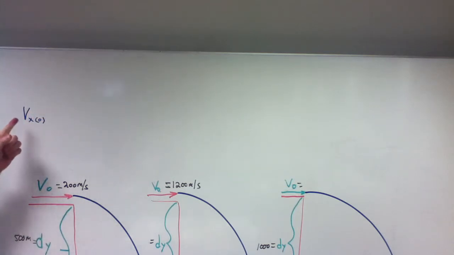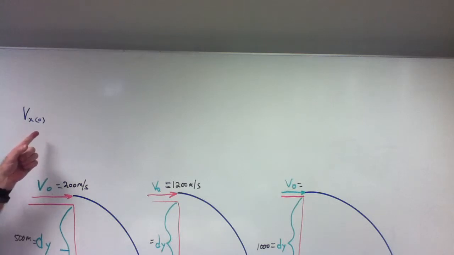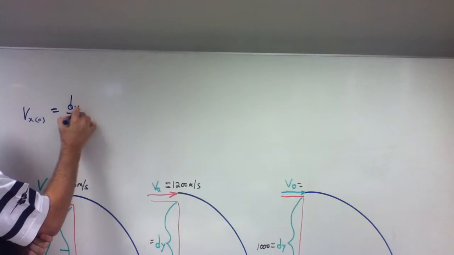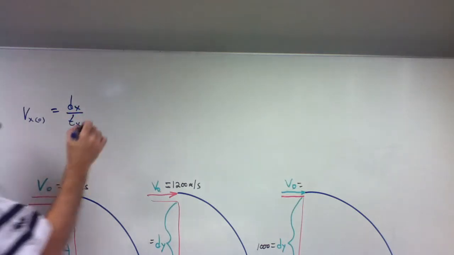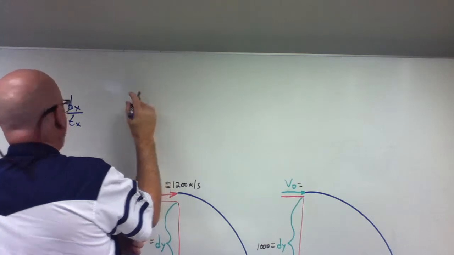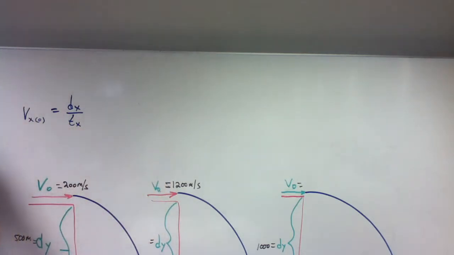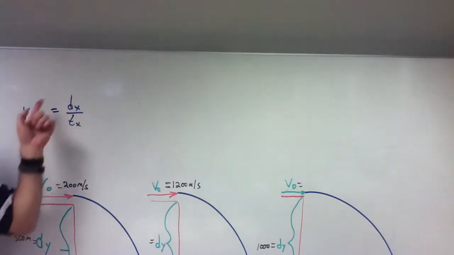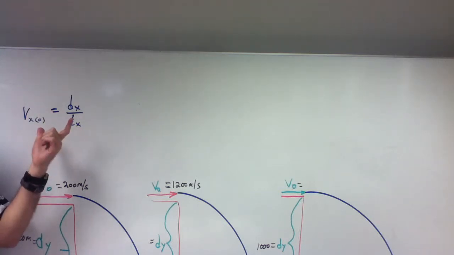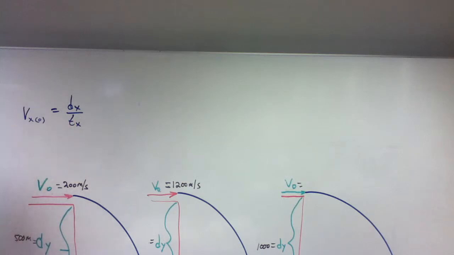The horizontal velocity is going to be dx over tx. Then what's another equation? You're going to have to rearrange this possibly, right? What other equations could you write from this? Anybody? You could write what?